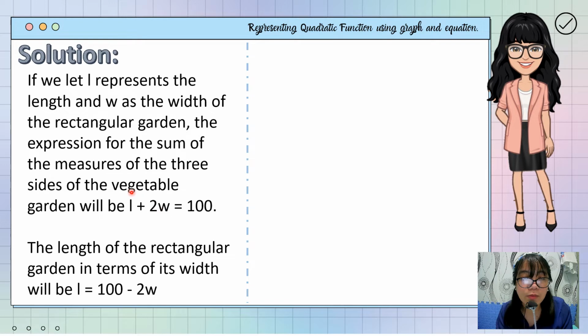Adding negative 2W on this side, we will only have L. And adding negative 2W on the other side, we will have 100 minus 2W. So we simply have to transpose 2W to the other side of the equation. And by doing so, 2W will be negative. So length in terms of width is equal to 100 minus 2W.